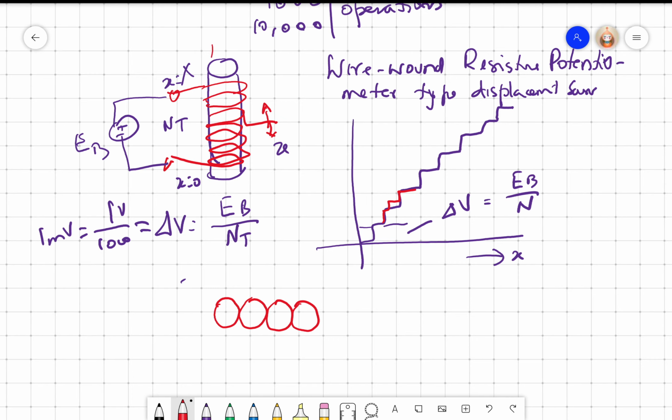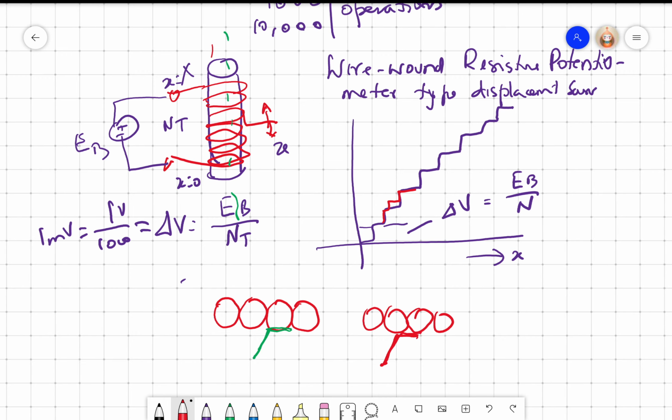This is a cross section here. If I cut, I will get this, and of course these are wires but insulated, right? Only one side where the wiper is there. So if I make the wiper like this, I have full NT turns. It's possible to have the wiper like this.